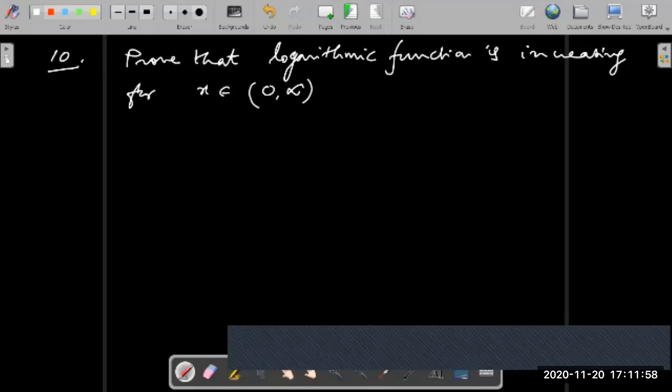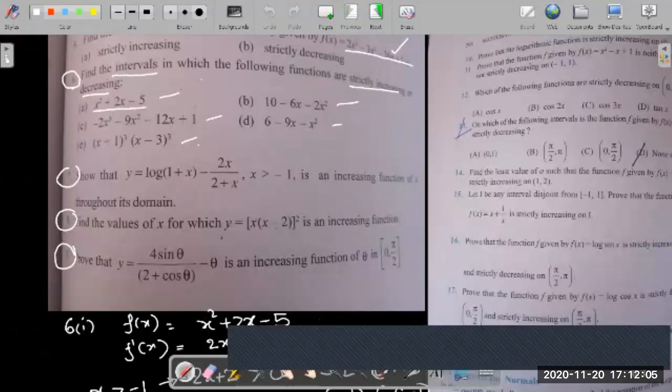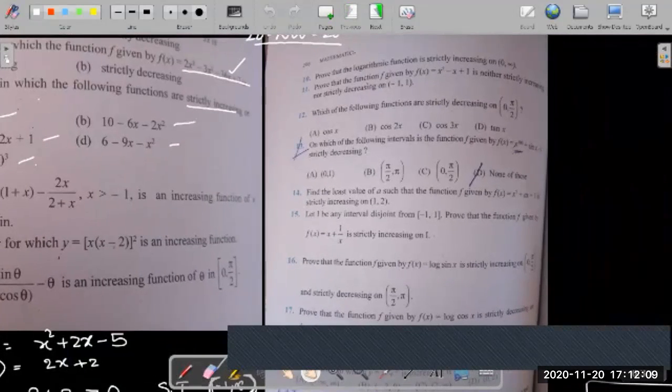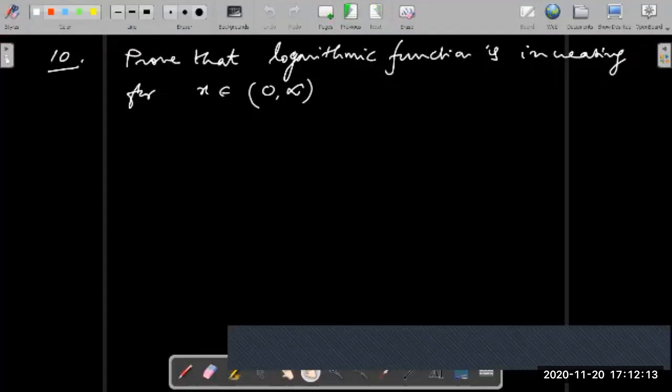So let's see whether log 0 also is that only, right? Previous. So strictly increasing. So we have to consider, let f of x equal to log g of x.